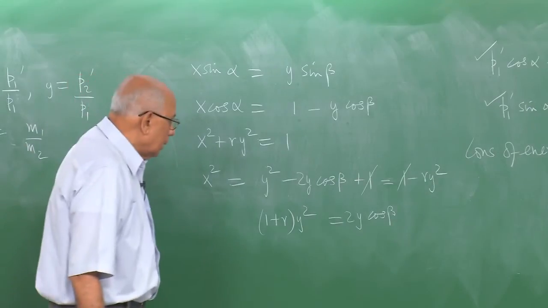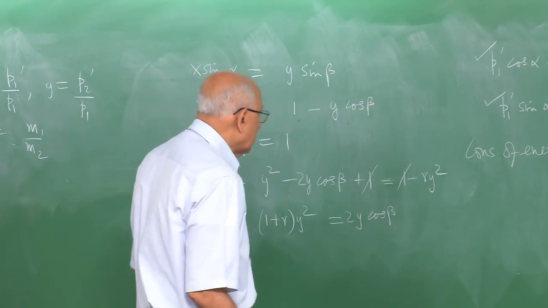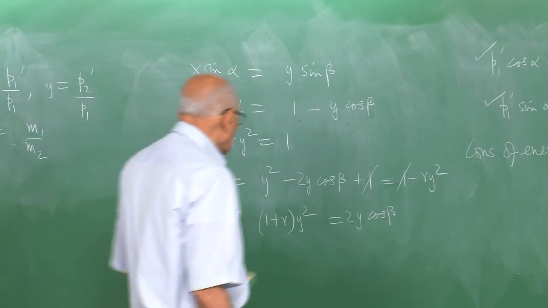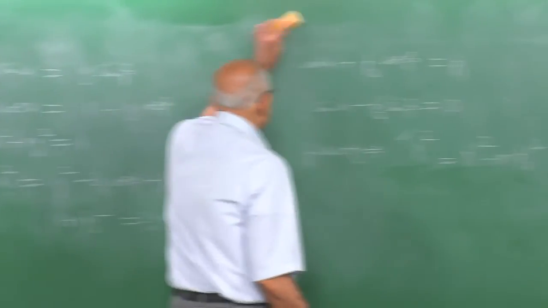Okay. And y is not 0. Y is the magnitude of the second momentum divided by the magnitude P1, and therefore the only solution is y is 2 cos beta over 1 plus r. So we have our first solution.